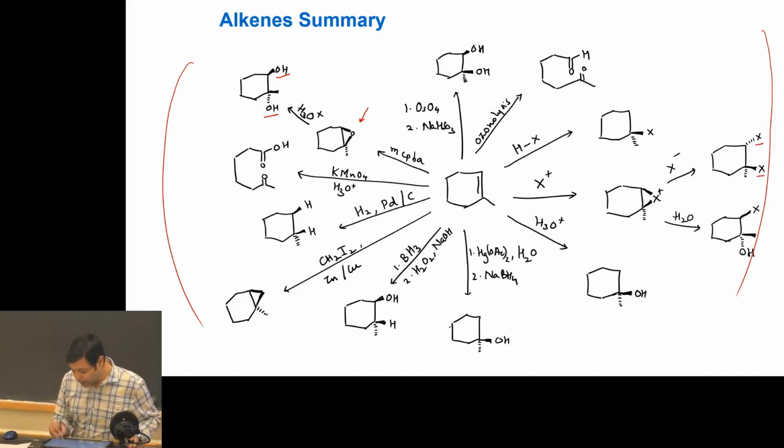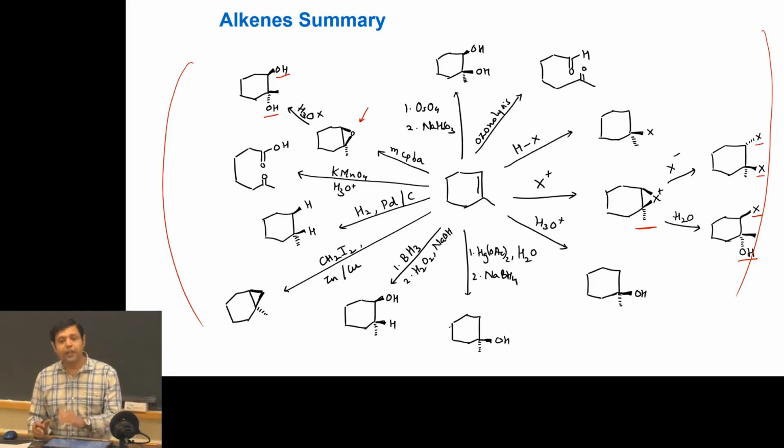In the case of halohydrin, again you open up a three-membered ring, you get anti stereochemistry. So anytime you go through a three-membered intermediate and you open that up, you are going to get anti stereochemistry. So if you understand how the reaction is taking place, you'll be able to figure out how to write the product. Alright? So please don't memorize these reactions. Try to understand them and solve examples from class notes as well as OWL.